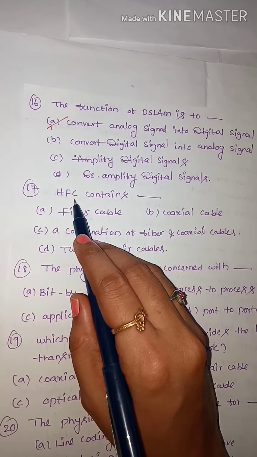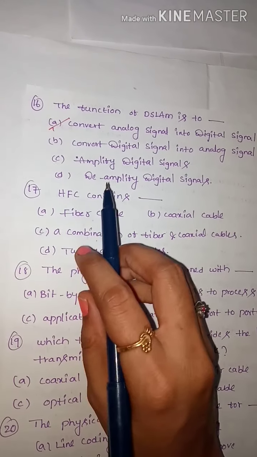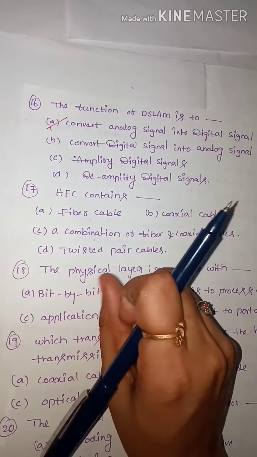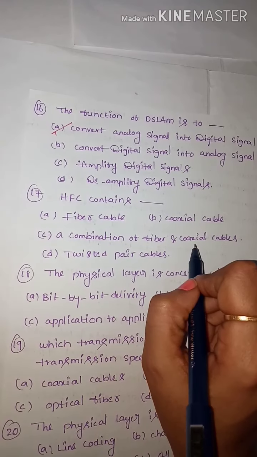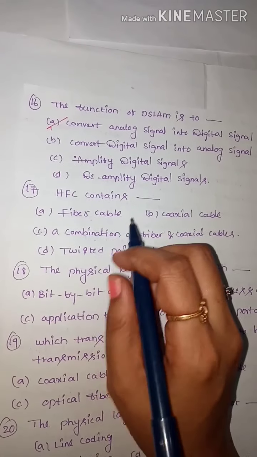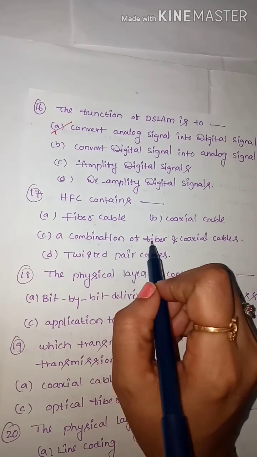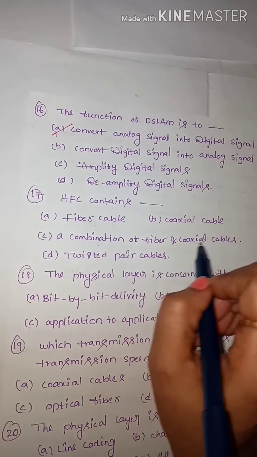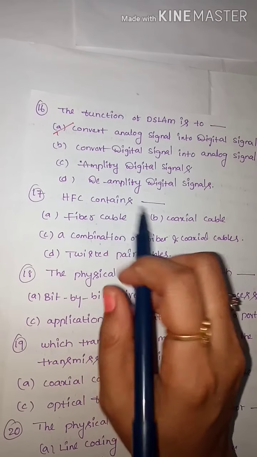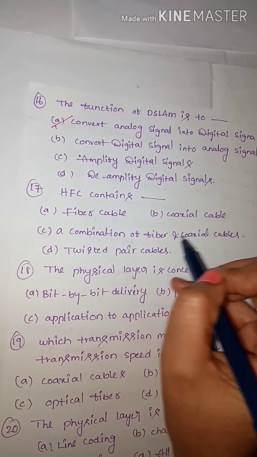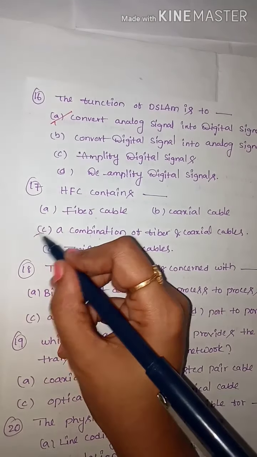It is used in the telecommunication industry and comes from broadcasting networks. It is a combination of optical fibers and coaxial cables. So the correct answer is the combination of optical fibers and coaxial cables. Here hybrid means mixing of two cables.